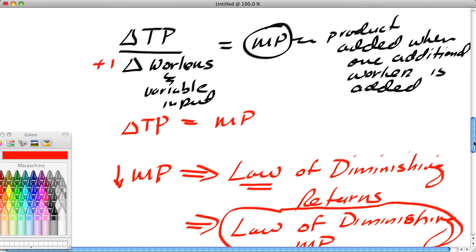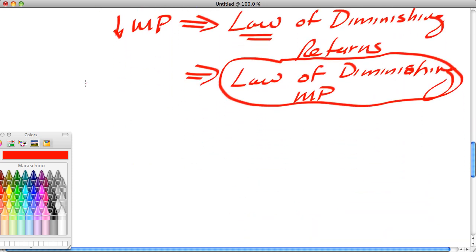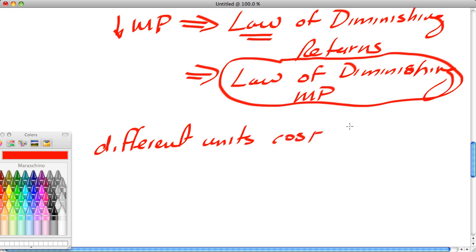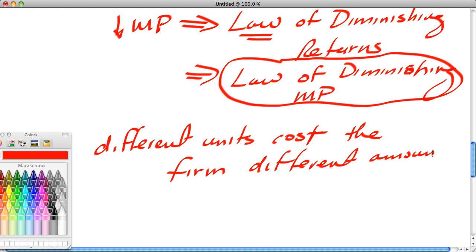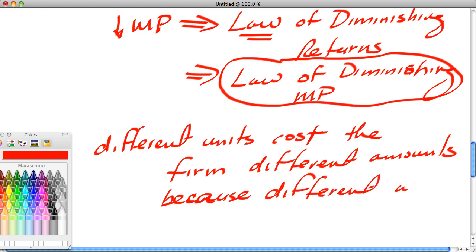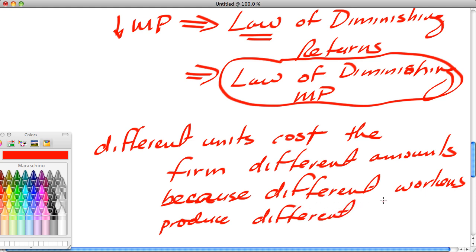The conclusion we're going to get from this, based on changing marginal product, is this idea that different units cost the firm different amounts because different workers produce different levels.